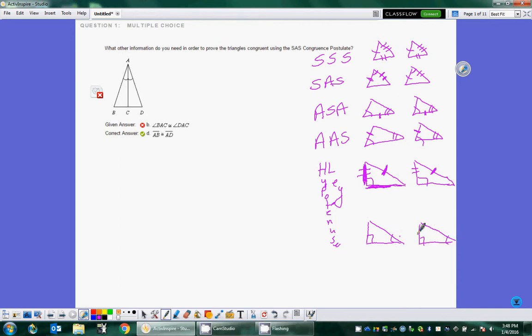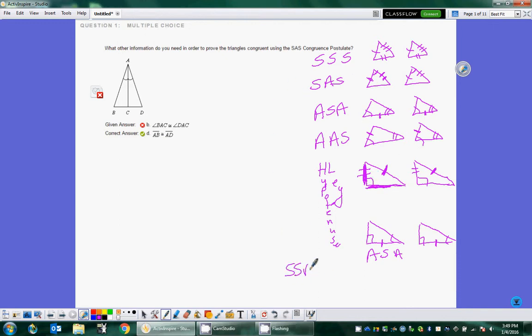So this centerpiece AC is shared. AC in the left triangle is going to be the same thing as AC in the right. So that's my other side. Since I've got side-angle-side, I'm looking for another pair of sides. Excuse me, 1 pair of sides.